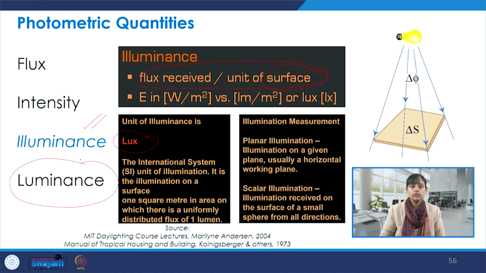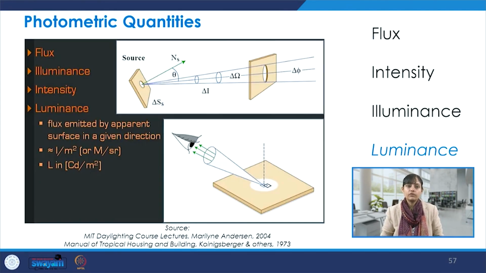Then there is luminance. Now when we talk about luminance, it's flux emitted by apparent surface in a given direction. It considers source, so it has source properties. So these are the four major photometric quantities. And when we look at the light fixtures, we look at the technical specifications, we will come across these kinds of quantities, their mention, and the kinds of units that we are talking about.